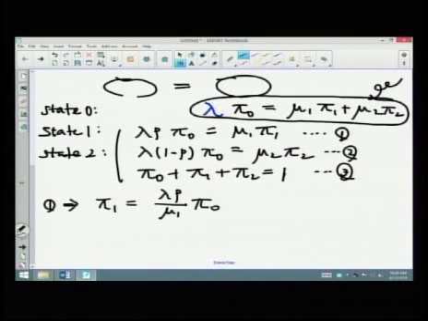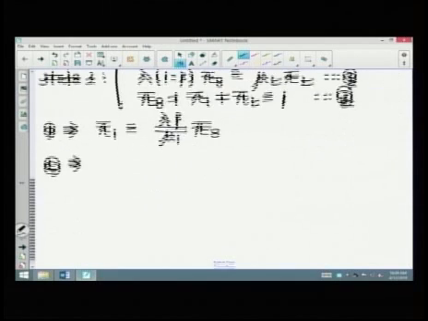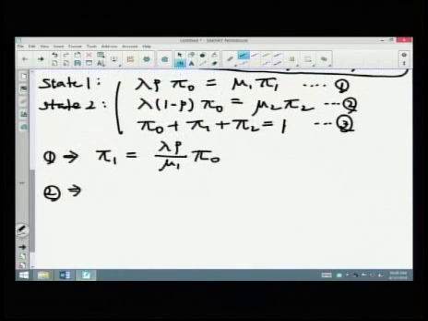Is that correct? Likewise, from equation 2, we have pi 2 equals lambda times (1 minus p) over mu 2 times pi 0. All right?